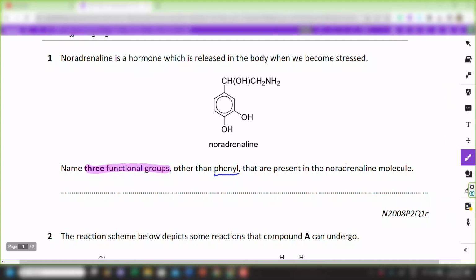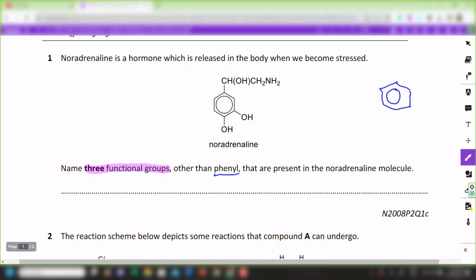So what exactly is phenol? If you're aware, if I have C6H6, that is a 6-membered ring with a delocalized electron cloud. Each of the carbon will only be bonded to one H, because each of the carbon is sp2 hybridized.